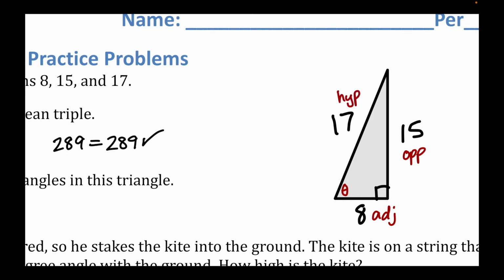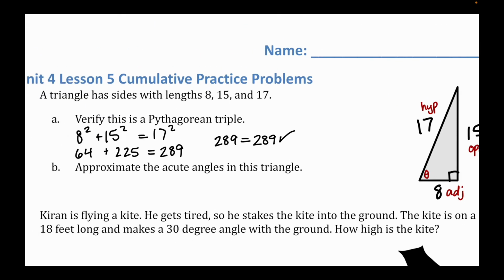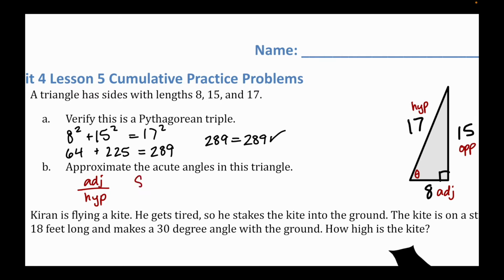I tend to use these three-letter abbreviations because I don't like single-letter abbreviations like H, O, and A, since sometimes those get mistaken for variables. So I'm going to plug into a calculator here: adjacent over hypotenuse, and that is going to be 8 over 17.